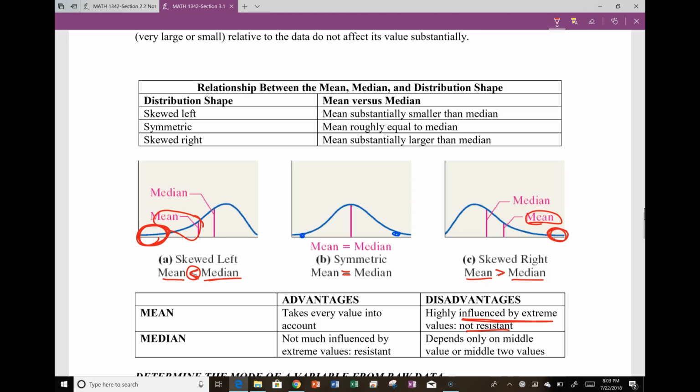The higher away from everybody else that the CEO makes, it's going to look really good for the company because, hey, our average salary for our employees is $75,000. Never mind, nobody actually makes $75,000 except the CEO. CEO makes $180,000. But because of that one outlier, it pulls our mean up, pulls our average income up.